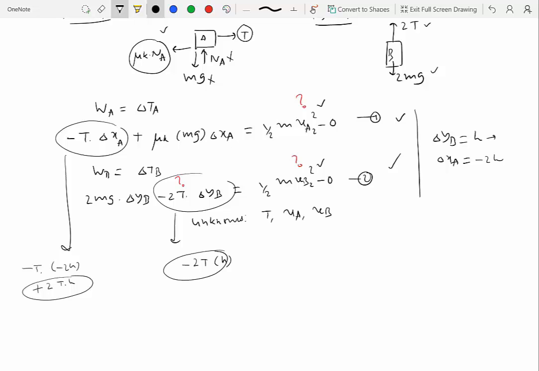So in this particular case, it looks as if you wrote this work energy equation for the system of particles A and B together, the internal forces work actually cancel out. But that is happening in this particular case. That may not necessarily happen all the time. So it's always preferable to write the work energy equation for the particles individually and then see if the internal forces do any work or not.